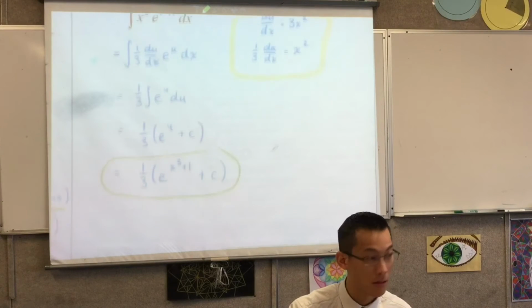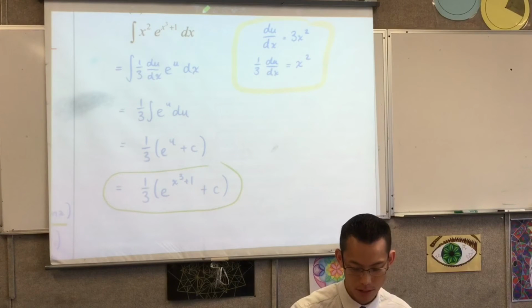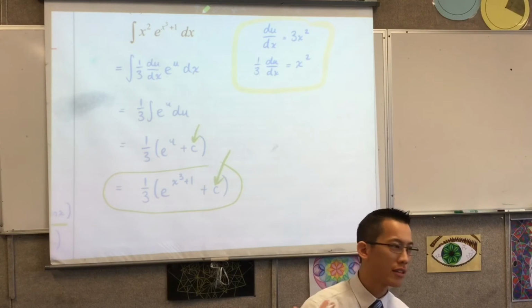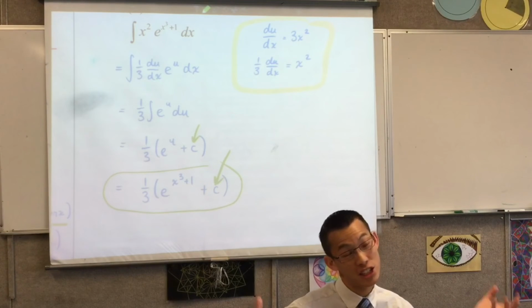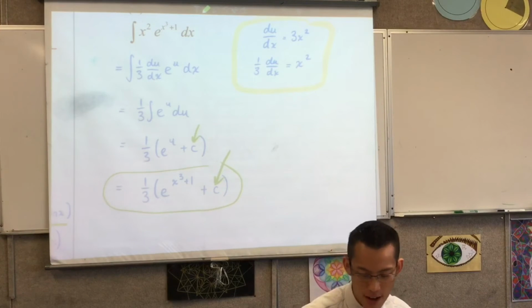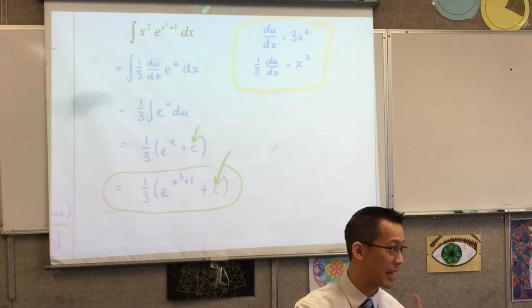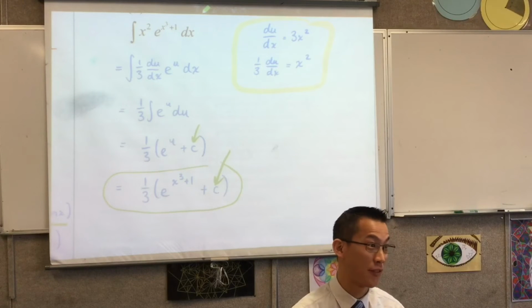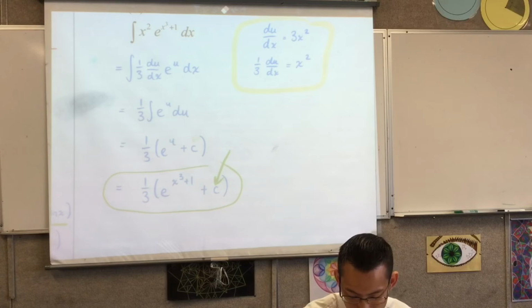What do you guys think? You happy with that? So the constant C doesn't need to be inside the bracket or outside. Should it be inside or outside? The answer is it doesn't matter, because a constant, or a constant divided by a third, is still a constant. However, I've left it inside the brackets, personally, because number 1, I had no reason to take it out. Number 2, if I take it out, unless it's 0, it's a different constant.